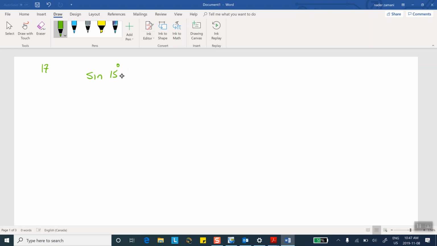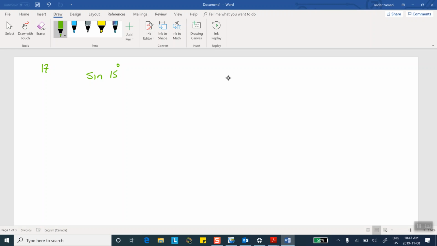Now you can always check your answer against what you get in the calculator to make sure that you didn't make a serious mistake. Now, what is the half angle formula that we use to do this? Let me write it here from that block that I showed you.